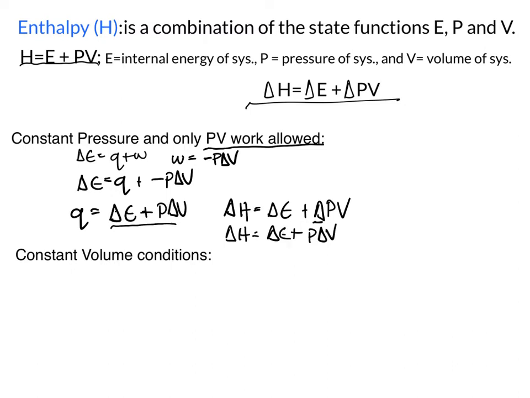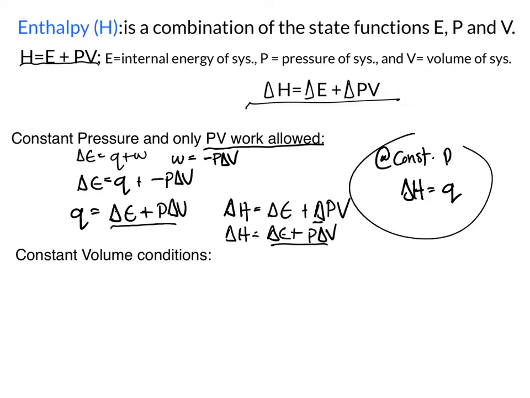Okay, so we end up with what delta H is equal to being exactly the same as what Q is equal to. So at constant pressure, okay, our delta H, our enthalpy change, is going to be equal to our heat. And so this is a very useful relationship when you're dealing with constant pressure conditions.